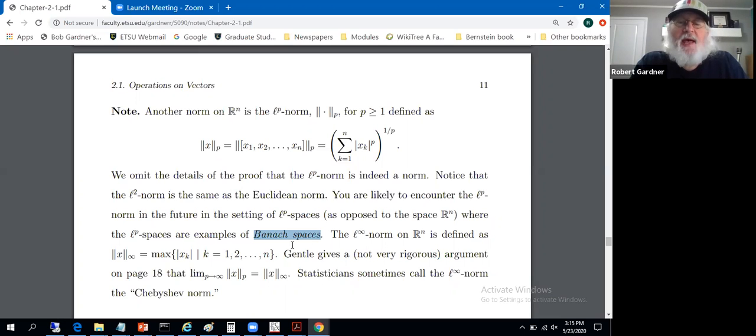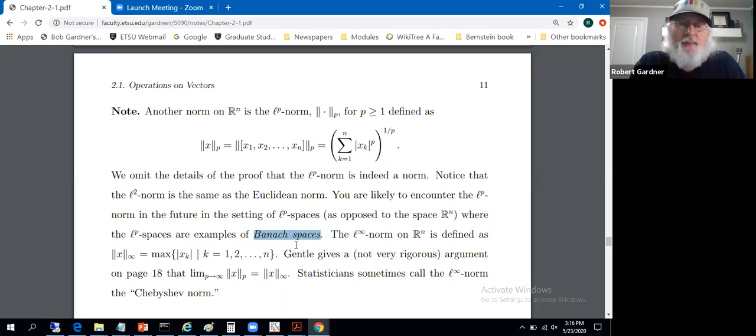We deal with that in an analysis setting where we deal with infinite dimensional normed linear spaces, infinite dimensional normed vector spaces. Linear space, vector space, same thing. The little L they use here, in fact, is for linear. But Banach spaces are particular kinds of vector spaces with norms on them.